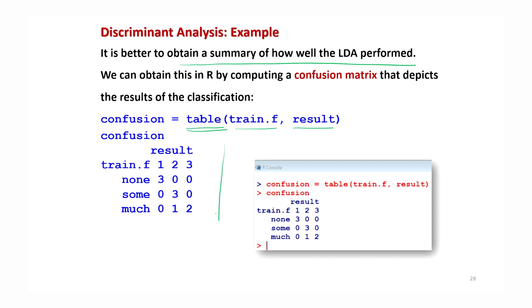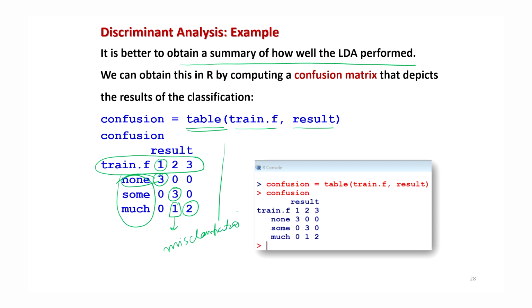So you can see how to interpret it. This train.f is giving you 1, 2, 3, and then there are 3 classes here, none, some and much. So you can see the group number 1 and none, this is coming to 3. Similarly, this 3 corresponds to the some class, which has been correctly classified, but on the third diagonal it is only 2, and this value, you can see, is 1, which indicates the misclassification.